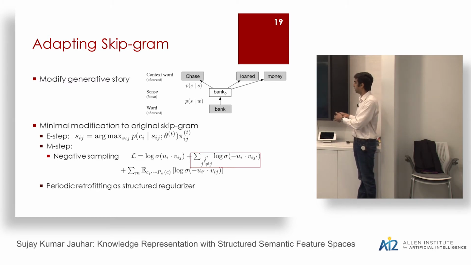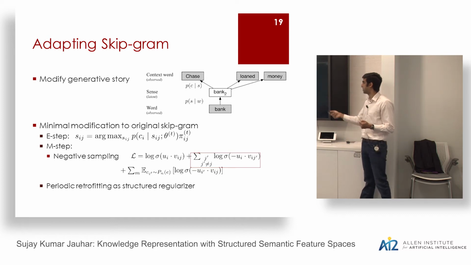So given a word in a particular context, we pick the sense that is most likely to occur, and that's the E step. Then having picked that sense, we maximize the probability of that sense predicting the context words. We do this using what the original skipgram used, which is negative sampling.